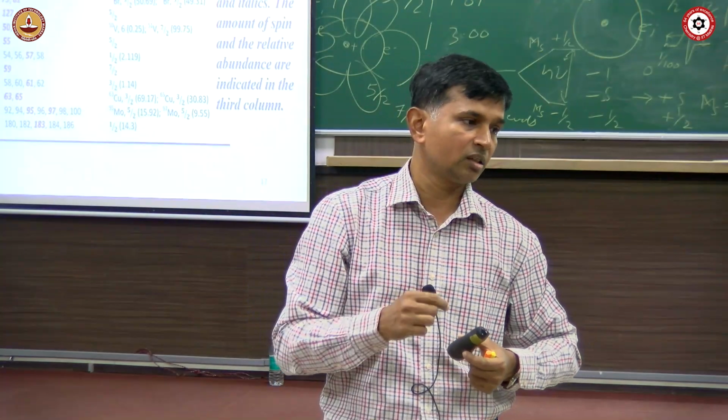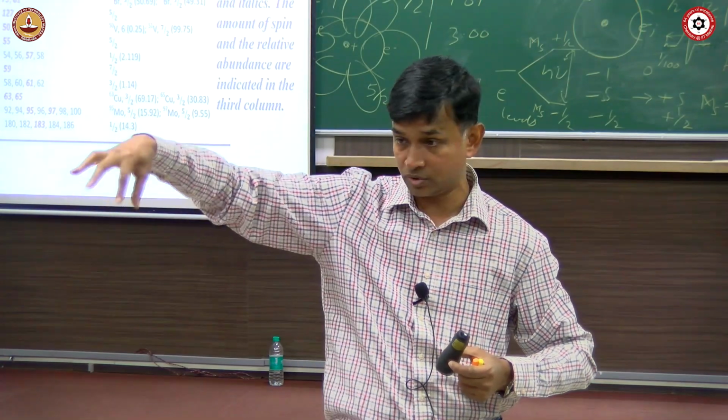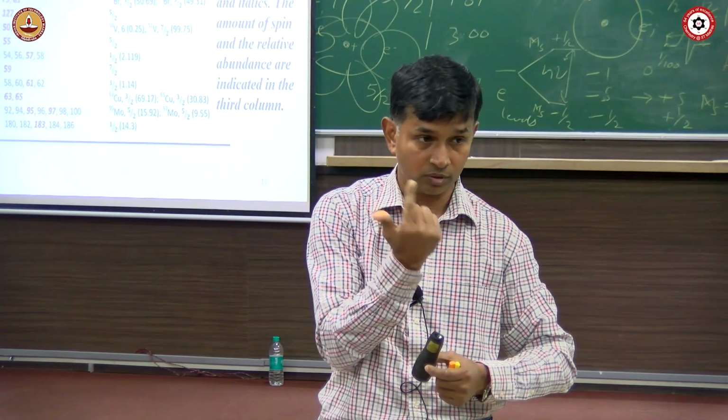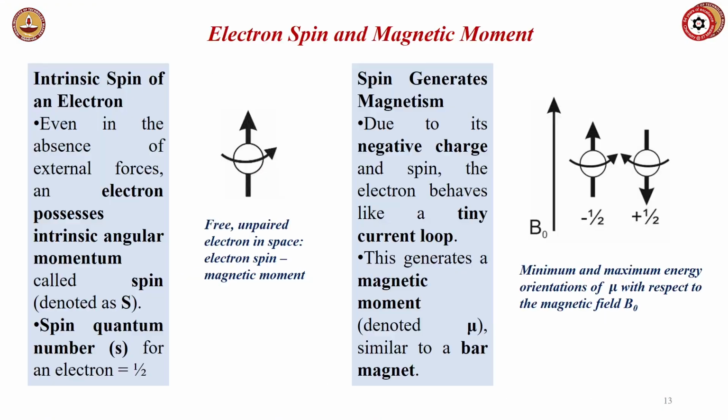So if g is high, that means it is spinning fast around its own axis, forget about the nucleus of the protons and all. This is its own axis, how fast it spins, that is the g.